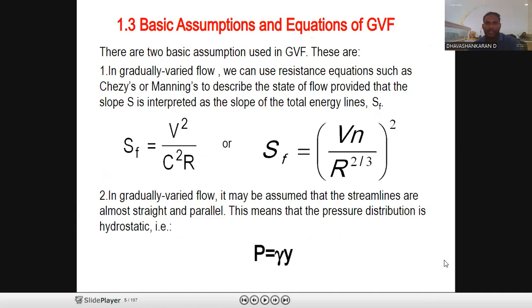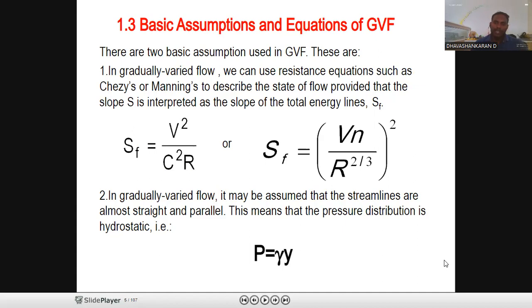We make a few basic assumptions for the application of gradually varied flow. The first assumption: the channel is a prismatic one. In the previous lecture, I explained what is prismatic and what is non-prismatic.